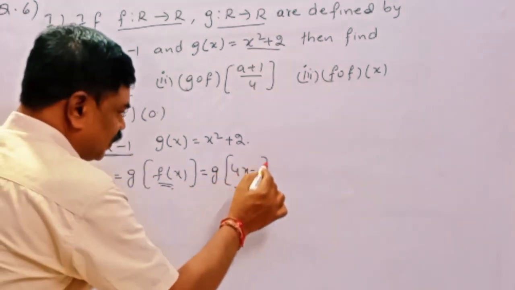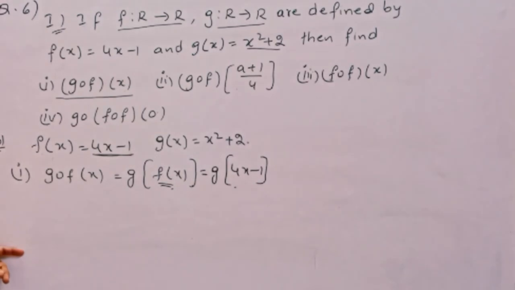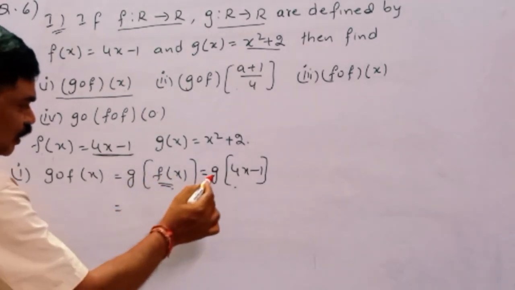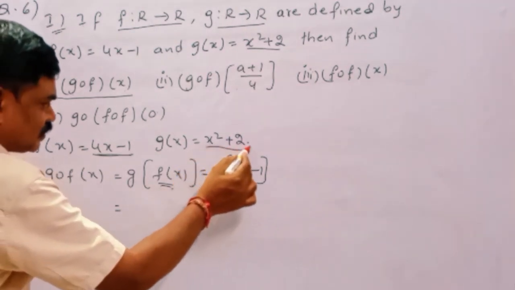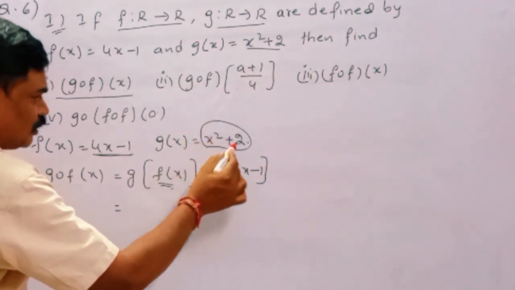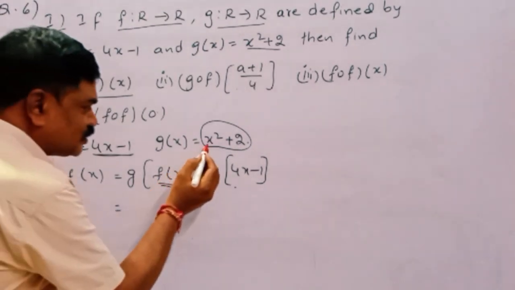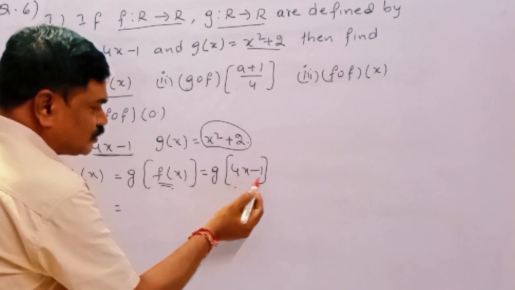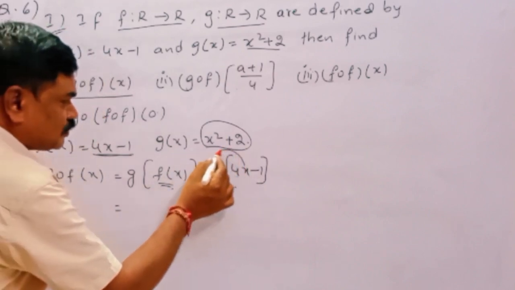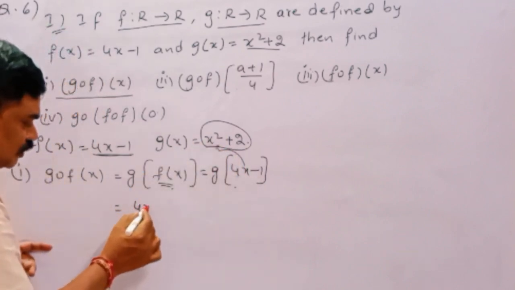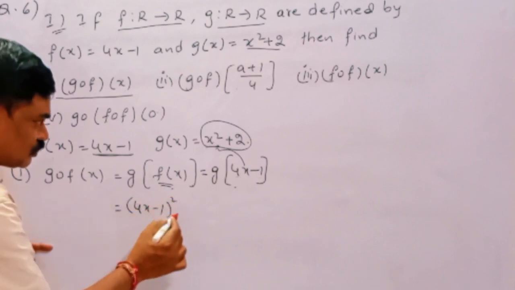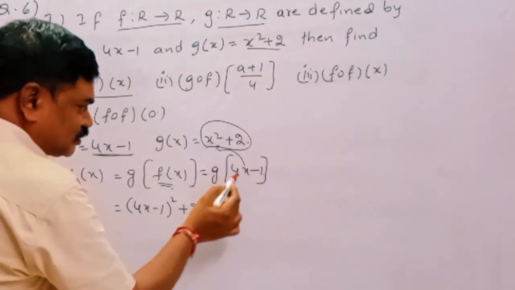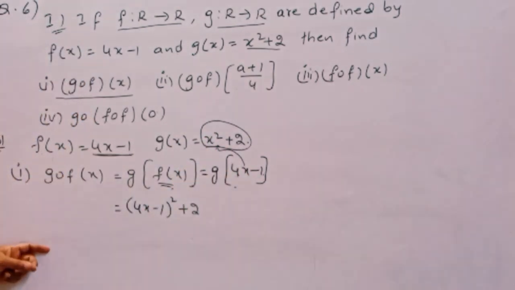So what is g of x? g of x is x square plus 2. So instead of x, you substitute 4x minus 1. So 4x minus 1 whole square plus 2.